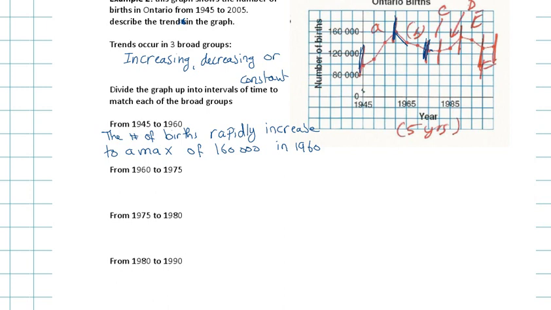So the number of births decreases rapidly, then slowly, and then more rapidly.